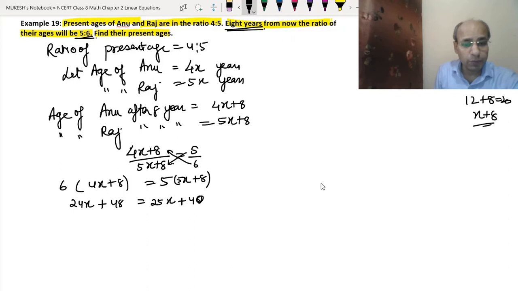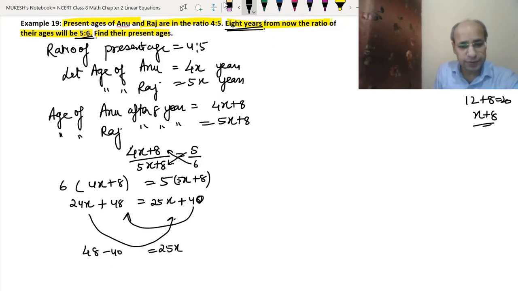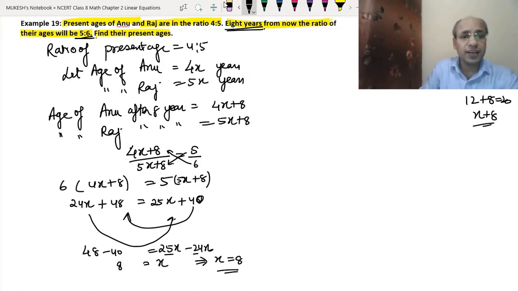Now what will we do? We will take 40 to the left hand side and 24x to the right hand side. So now we write 48 minus 40 equals 25x minus 24x. 48 minus 40 is 8. 25 minus 24 is 1. So we can just write x. We have got the value of x is 8. Now we have to find the ages.